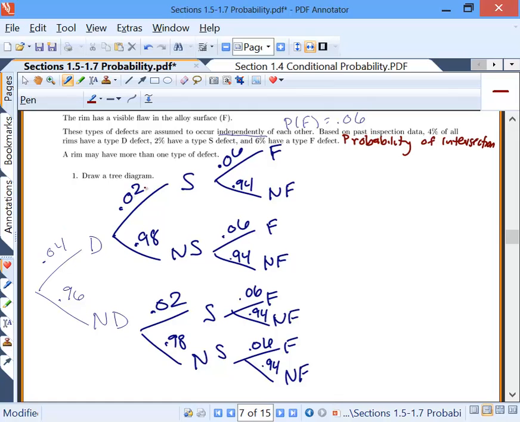So 0.04 times 0.02 times 0.06 is 0.00048. So the probability that you get a type D defect and a type S defect and a type F defect is 0.00048. Okay. We need to go through and do that for each of these branches.